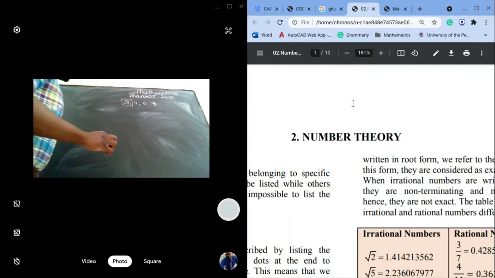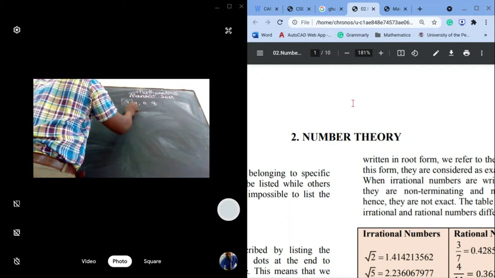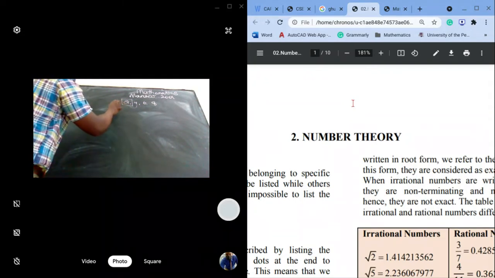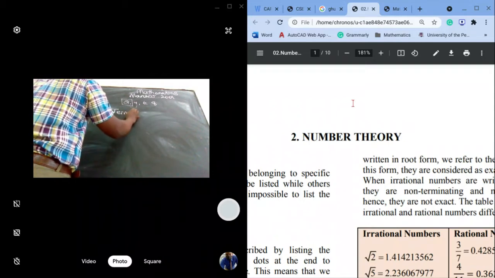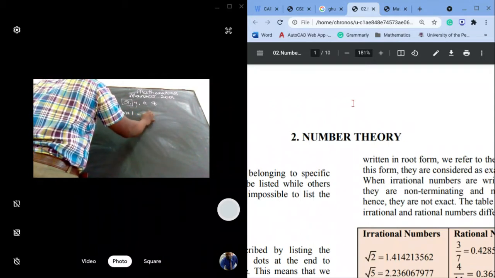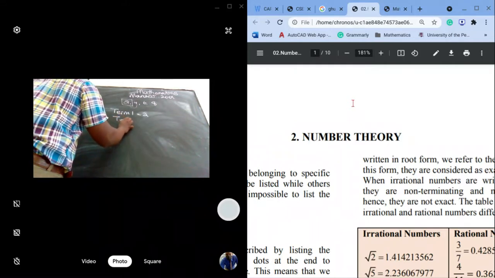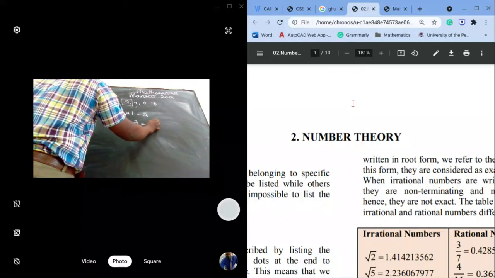Okay, excellent. But we also need to find what rule is there to determine the second term. Because this is term 1. Term 1 is equal to 2. But what is the rule to find term 2, which is 4?